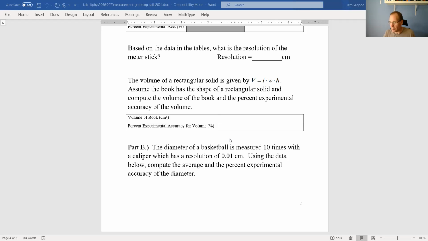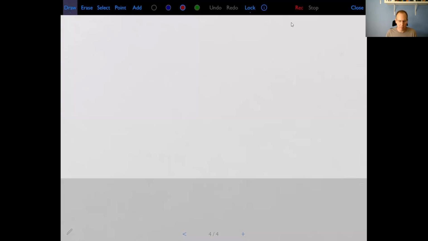Let me jump over to the iPad to explain this a little more carefully. I did talk about this in the measurement handout, but let me review it. We just said that the volume of a box or a rectangular solid is equal to the length times the width times the height.